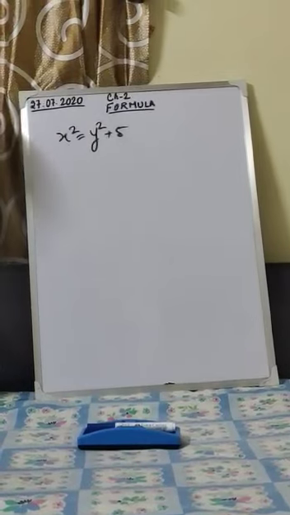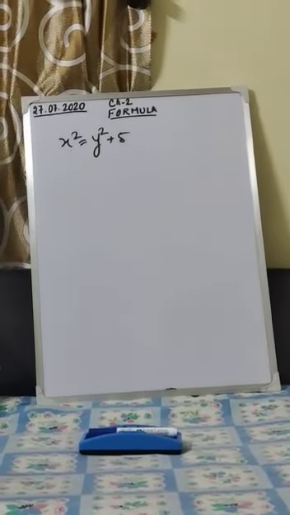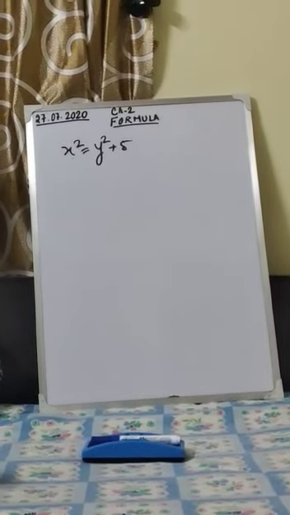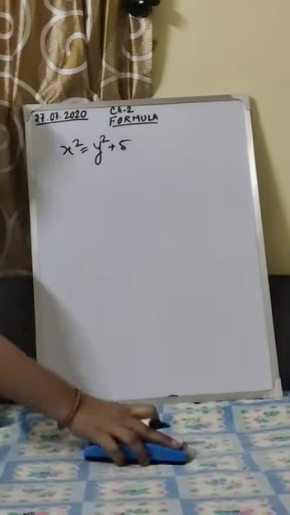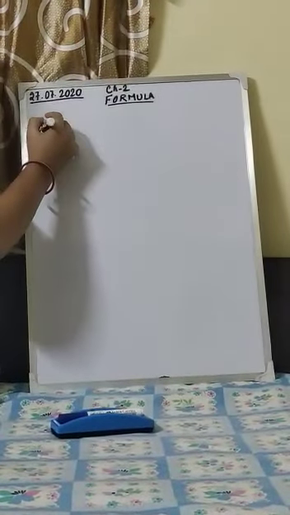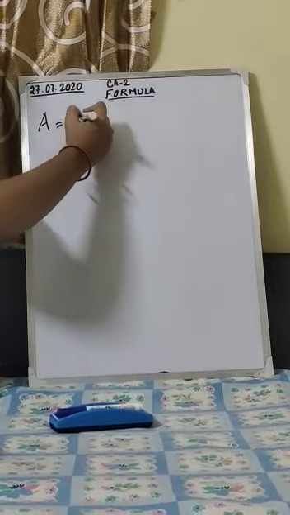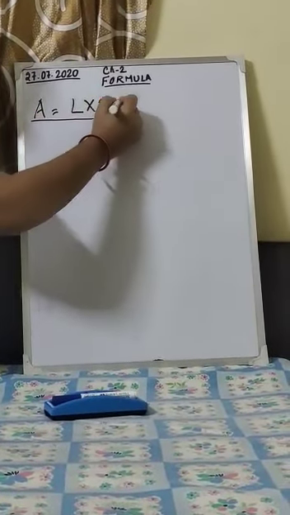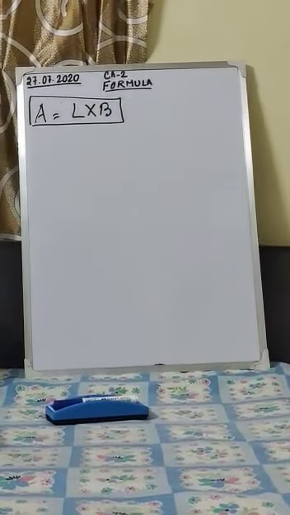Suppose it is given that area of a rectangle is equal to the product of its length and breadth. So, you know that area of a rectangle, area is symbolized by A, is the product of length into breadth. This is the formula, right?